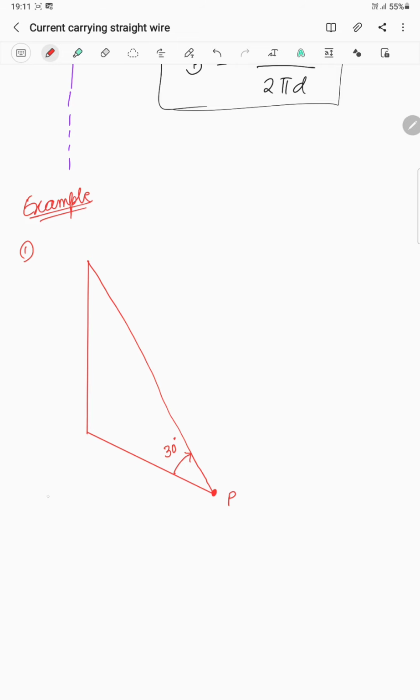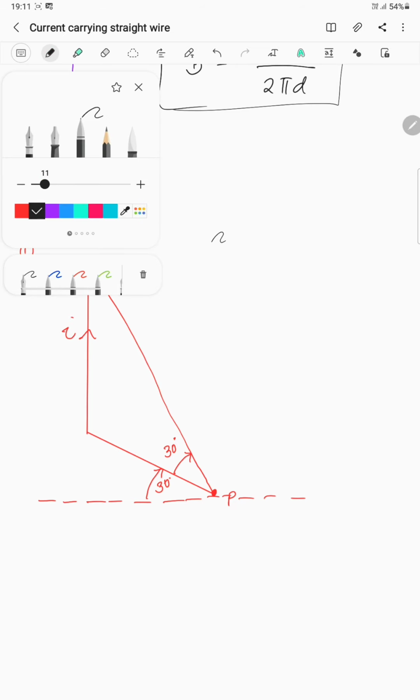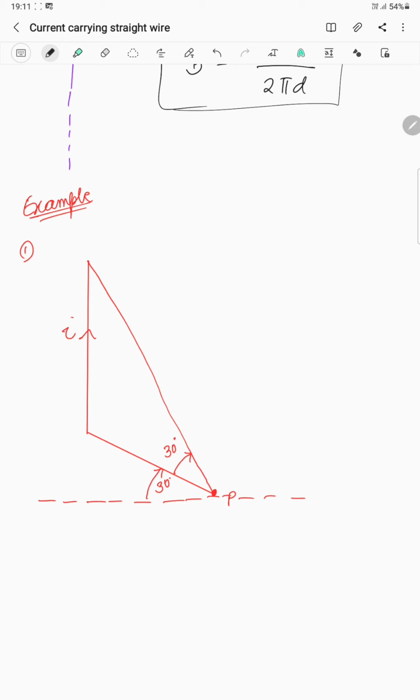They have taken this as a reference line, and from the reference line this angle is 30 degrees. So this is the question, and here the current carried is I. It asks what is the magnetic field at point P. It is obvious that the direction of the magnetic field at point P, when the current goes up, is into the plane of the paper. That we have done in the previous classes. Now we have to find out how to solve this one.